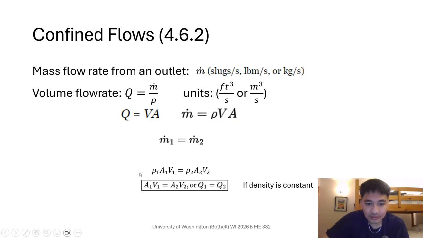If density is constant, which is a lot of times our assumption for our problems, these are basically going to cancel out, and you're just going to be left with A1 V1 equals A2 V2, or Q1 equals Q2. Like I said, the whole purpose of this is these are linking equations. I boxed these in because this is the big idea, but I would still keep all these equations if you have an equation sheet, because sometimes I'll give density and you're going to have this value to plug in.